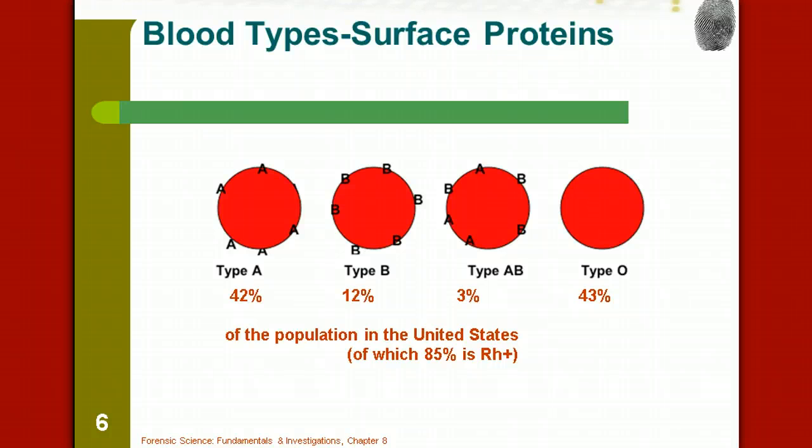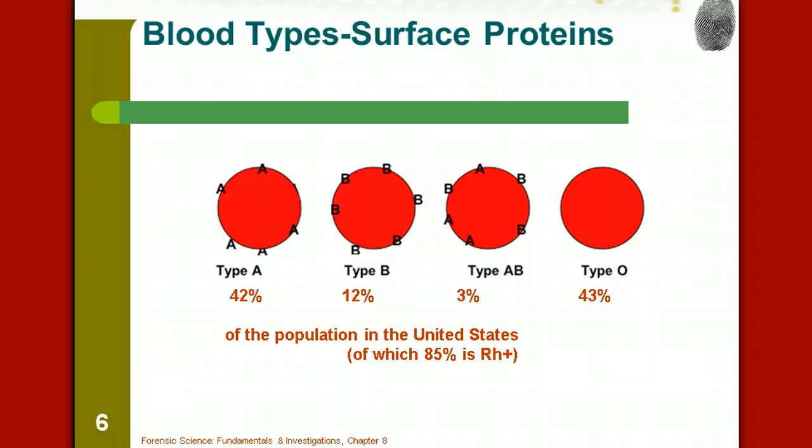But the most rare type of blood is AB, because those individuals have red blood cells that have both A and B markers on their surface. Type O blood doesn't have any surface proteins identifying which type it is. So it's almost like they're a zero. They don't get anything. And notice how that's 43% of the population in the United States.